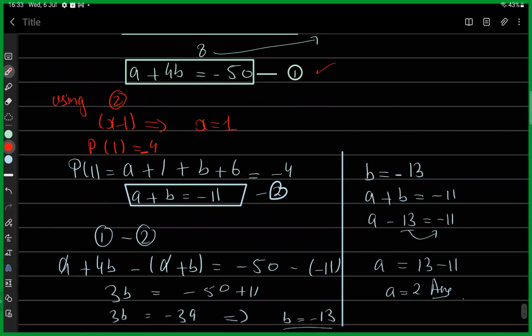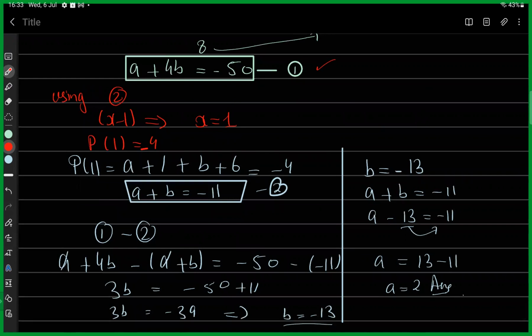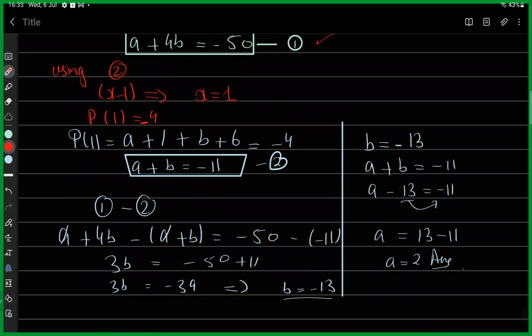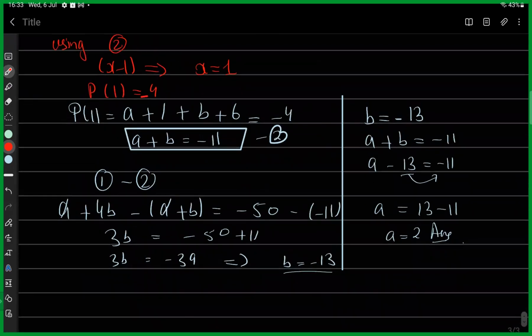And using the second condition, that when we divide the polynomial by x minus 1, minus 4 would be the remainder, that gave me this equation. Now by subtracting both the equations, that was basically the elimination method, I got the value of b as minus 13 and a as 2, and this was basically the answer.